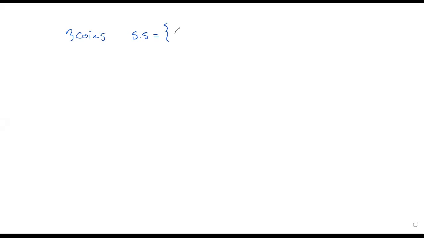So I may have head, head, head; head, head, tail; head, tail, tail; tail, tail, tail; tail, tail, head; tail, head, head; tail, head, tail; and head, tail, head. So we have 1, 2, 3, 4, 5, 6, 7, 8 possible events for the coin.